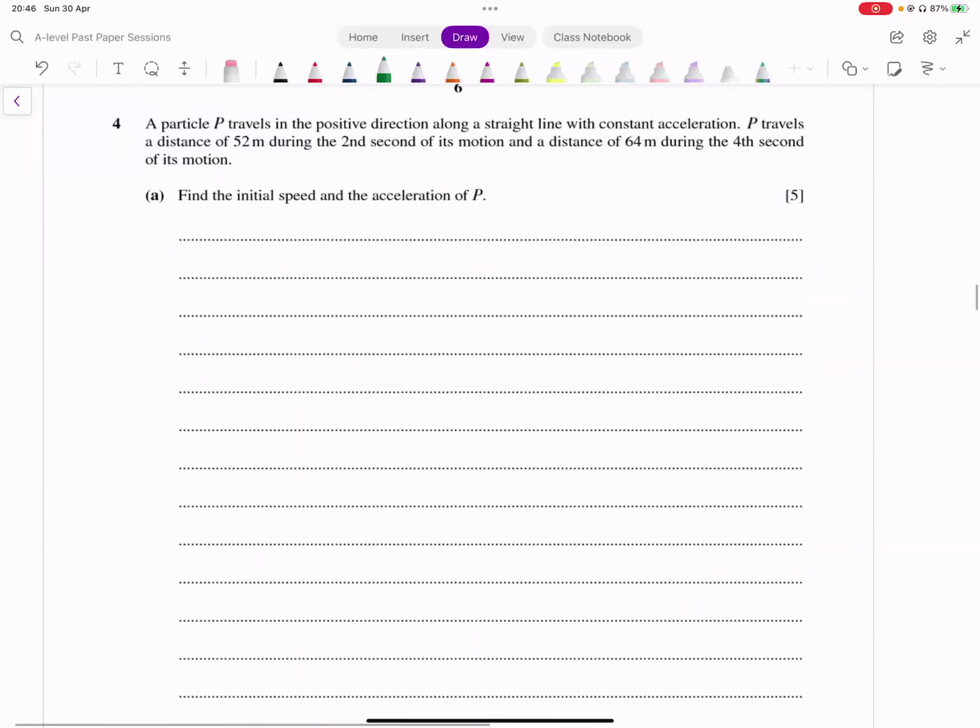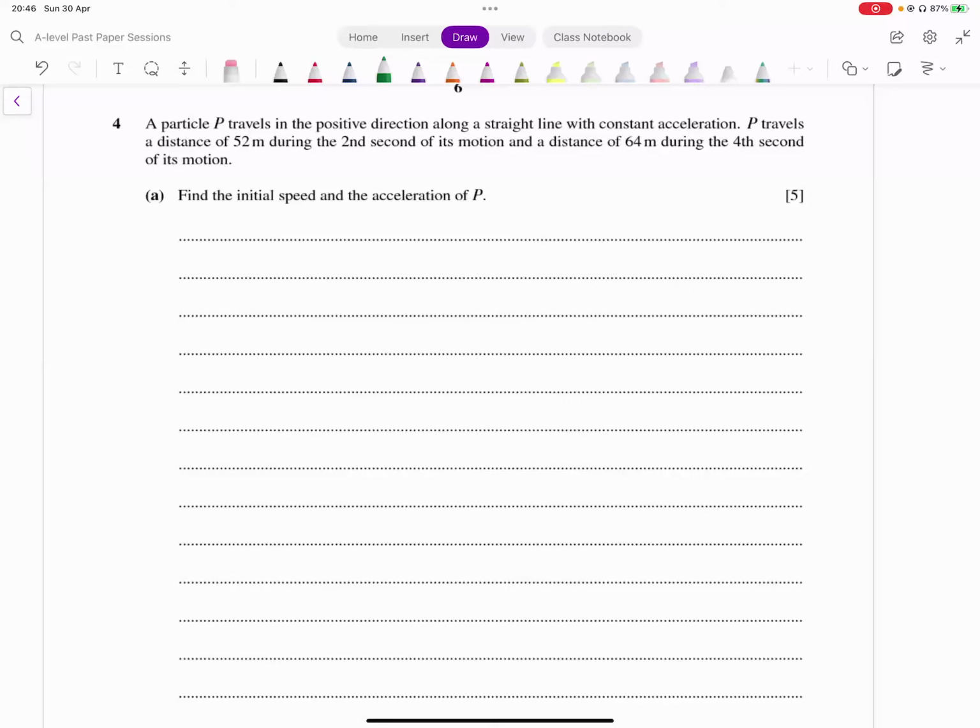Question number 4. A particle P travels in the positive direction along a straight line with constant acceleration. P travels a distance of 52 meters during the second. Okay, that means time equals 1 से लेकर time equals 2 तक.